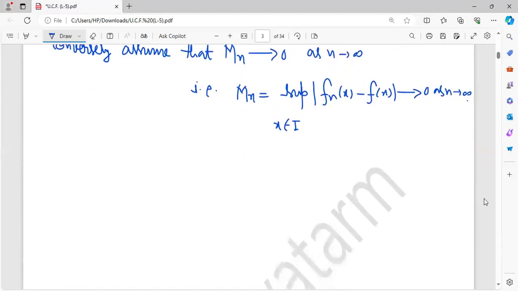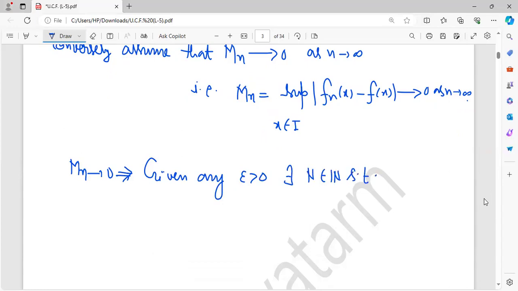What does it mean? Given any epsilon greater than 0, there exists N such that Mn, because Mn is non-negative, is less than epsilon for all n greater than or equal to N.